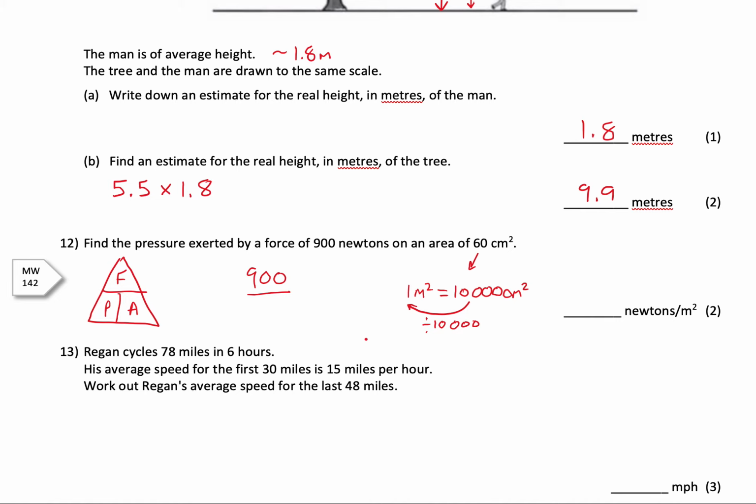So if I do 60 divided by 10,000, what do I get? I get a very small number, 6 times 10 to the power of negative 3, so 0.006. Okay, and that's what we're going to go with. 900 divided by that gives me 150,000 newtons per square metre.